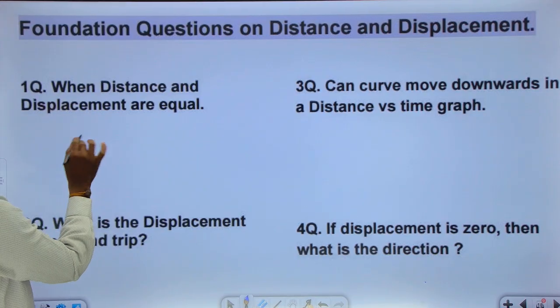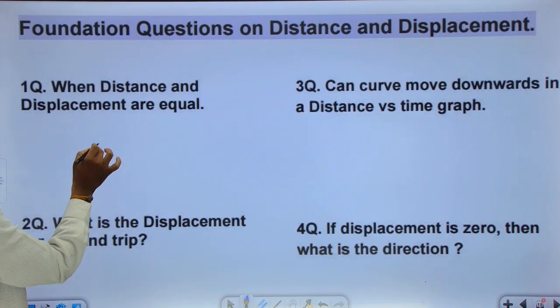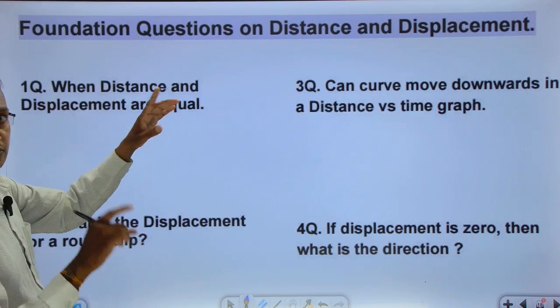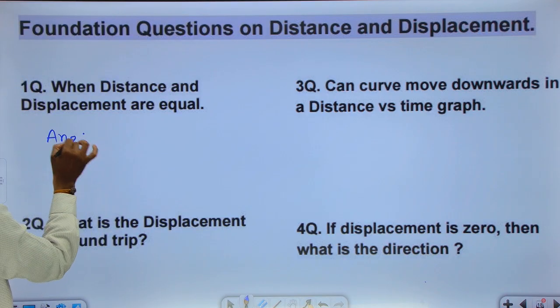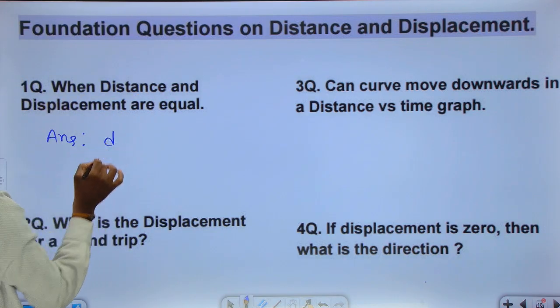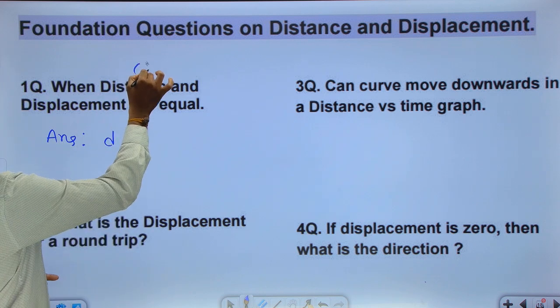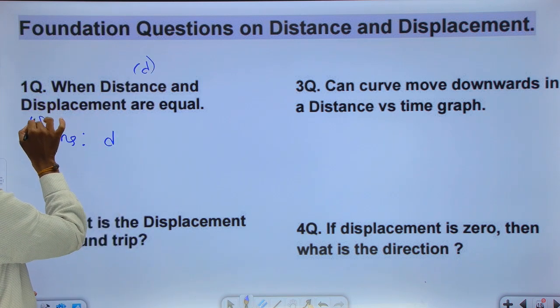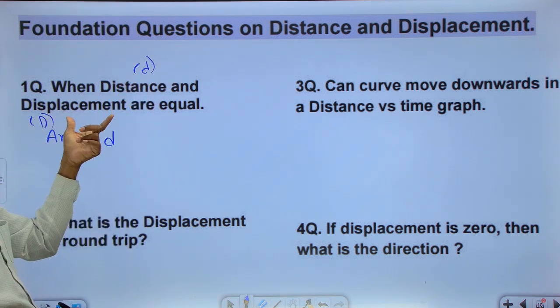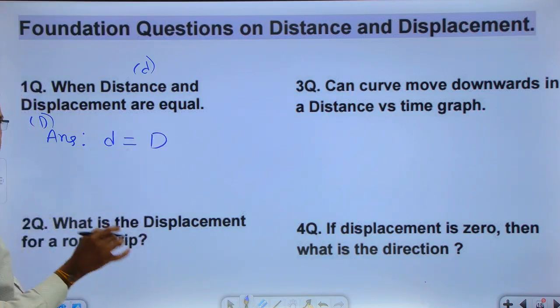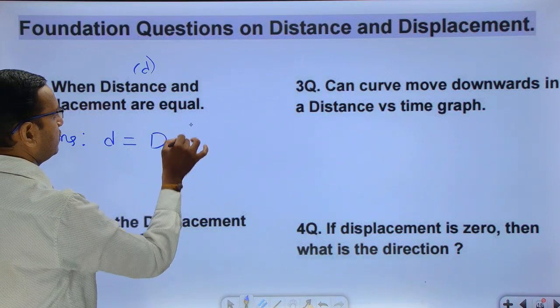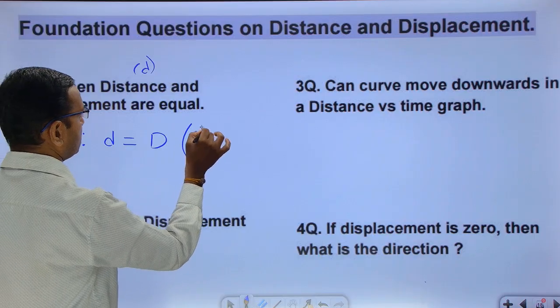Remember, if the object is moving in a straight line path, then distance will be equal to displacement. That is the answer. I will denote distance with a small d, and displacement with a capital D.